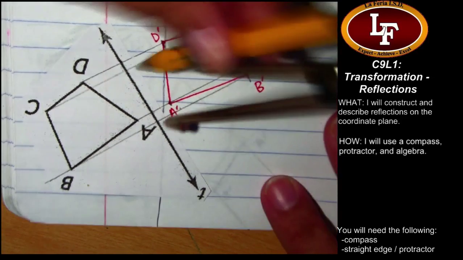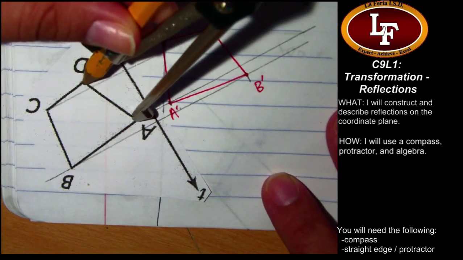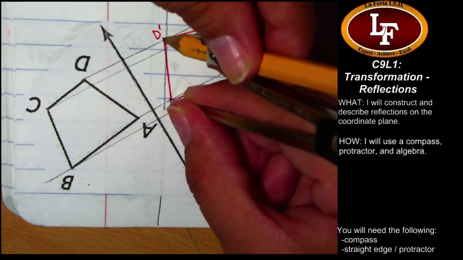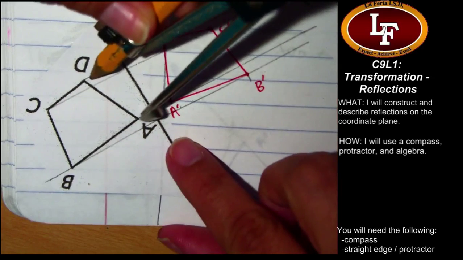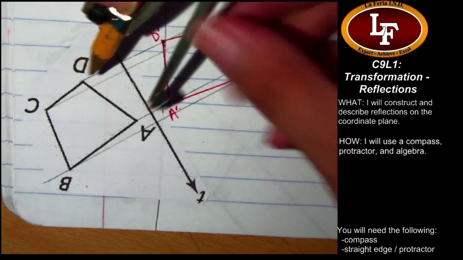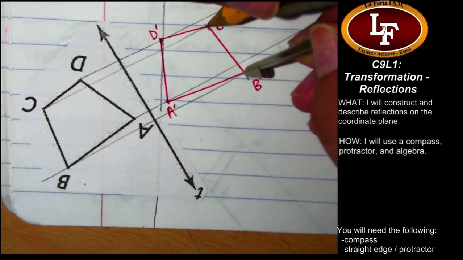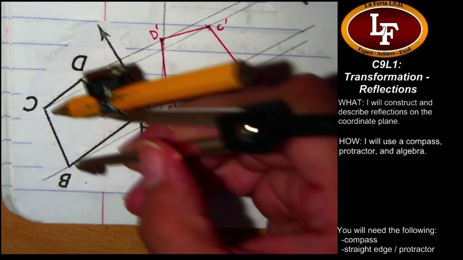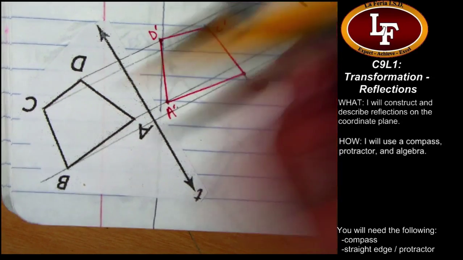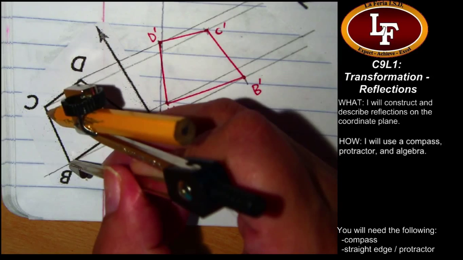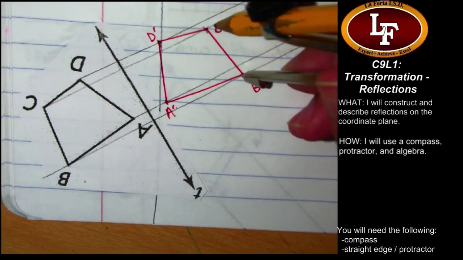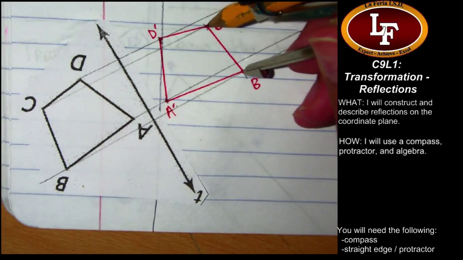How close are you? Oh, this one's off, I think. Oh, I measured wrong. Okay. All right, I have one that's off. Take a look. My B prime to C prime is that large.